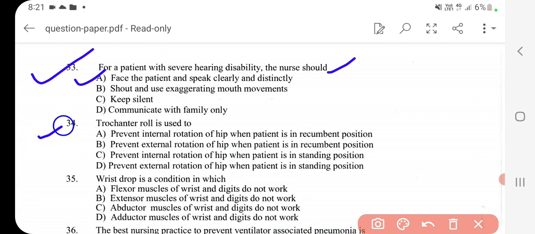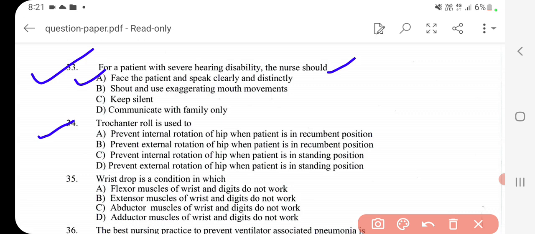Next, 34. Trochanter roll is used to: A, prevent internal rotation of hip when the patient is in recumbent position. B, prevent external rotation of hip when the patient is in recumbent position.